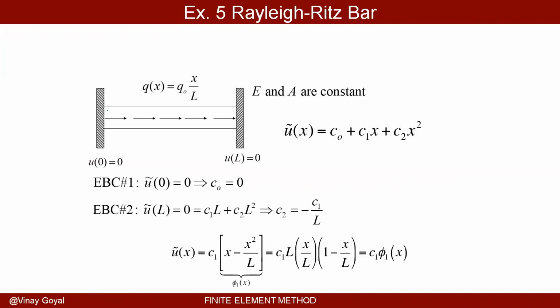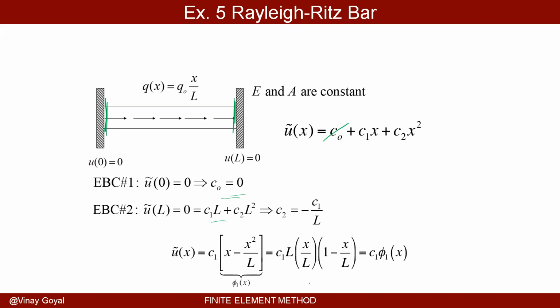Another example, example 5. Say it's fixed here and fixed here. Okay. What do I have there? I have that the essential boundary condition is u at 0 is 0, so C naught is 0. But I also know that boundary condition 2 is u at L is 0 also. So I have to solve for one of them, and I did.